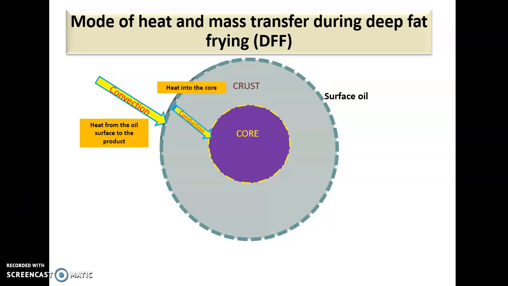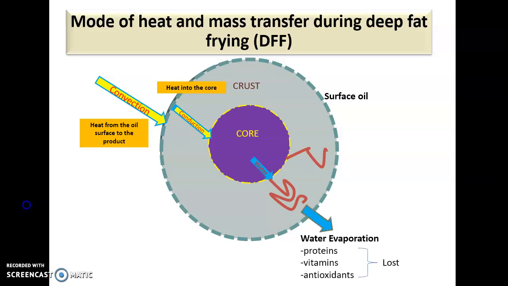Heat is transferred from surface to the internal of food through conduction. During frying, both water and water vapor are removed from the large capillary first, then replaced by hot oil.